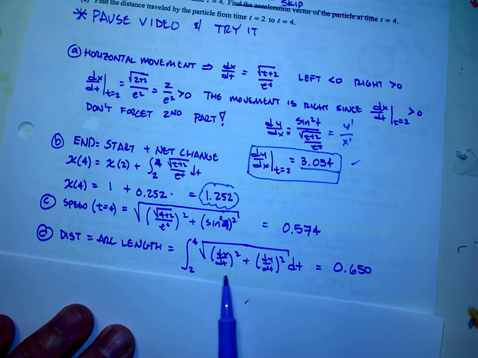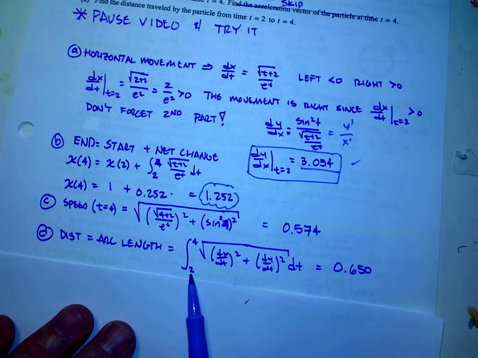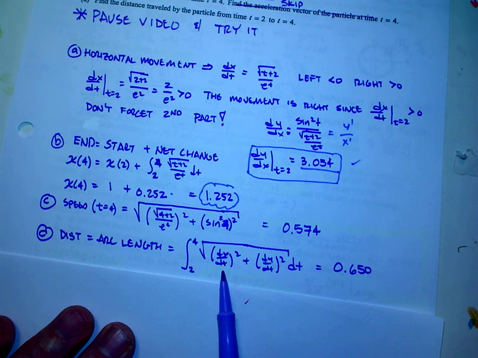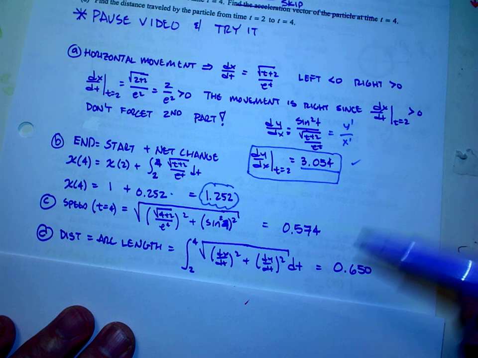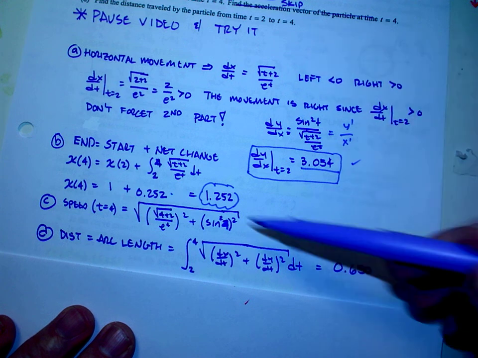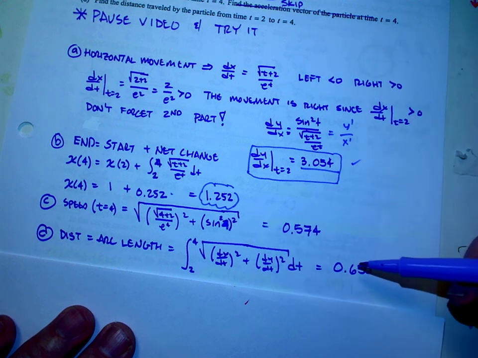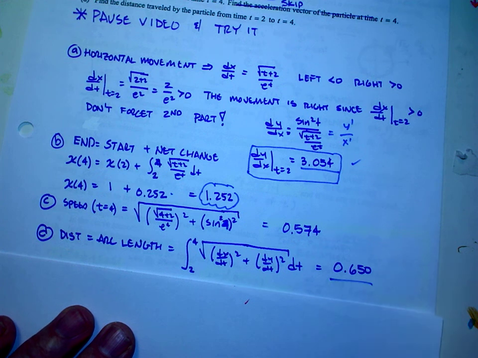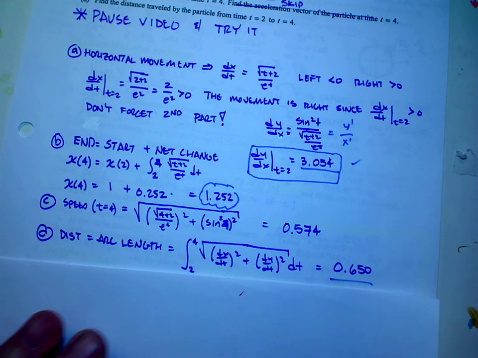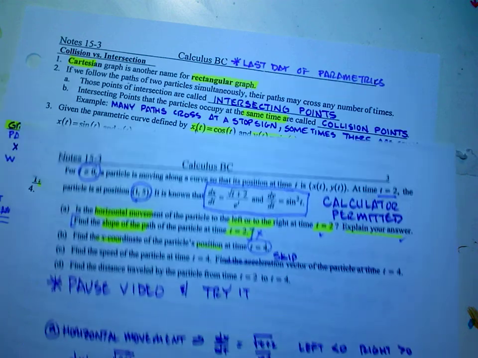So our calculation strictly is just going to be the integral from 0 to 4 of the square root of our dx dt squared plus our dy dt squared, which rather than repeat writing those down again, I just put as this to get my point there, and then calculated this to be 0.650.